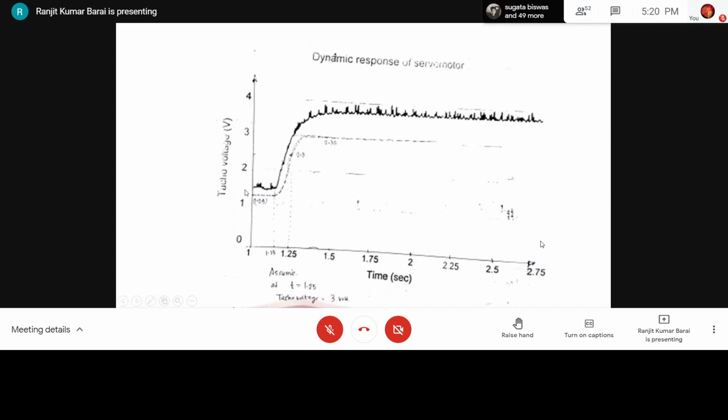Here also, although this system is inherently second order, the step response is very similar to a first order. So whatever assumption we have made in system theory while deriving the transfer function of a DC servo motor is quite valid. From experimental evaluation, we are getting support. Now see, this response is of immense importance in deriving the transfer function.